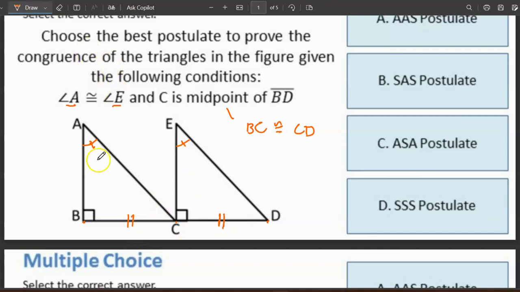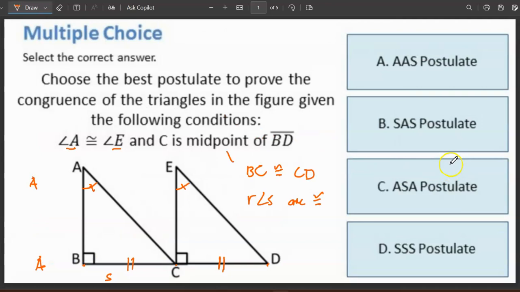And based from this figure, angle B and angle C are right angles. Now, right angles are congruent, right? So, right angles are congruent. So, we actually have S. So, the correct answer will be letter A, AAS postulate. So, we have 2 angles and a non-included side.